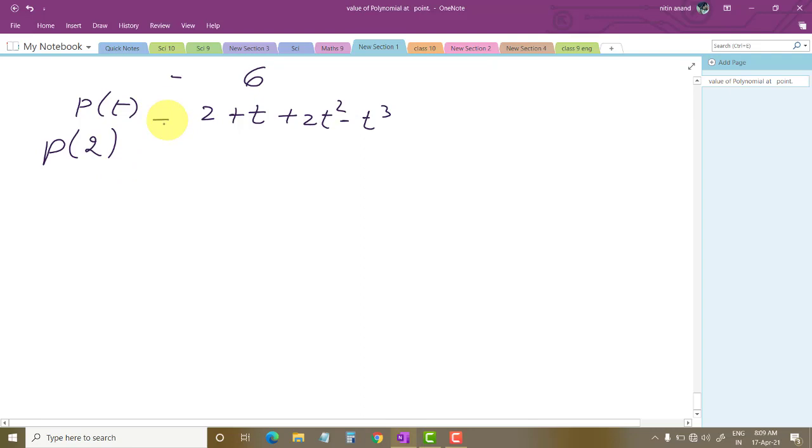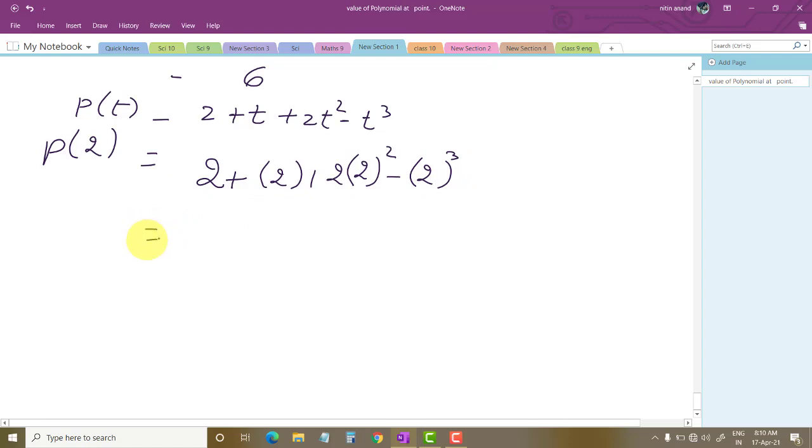Now we have to write it at P(2). Once again we will replace this t by 2. Then we will write 2 plus 2, plus 2 times 2 square, minus 2 whole cube. Clear to everyone?